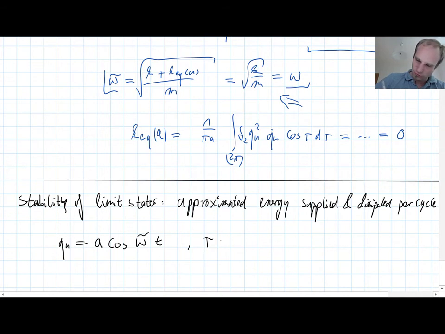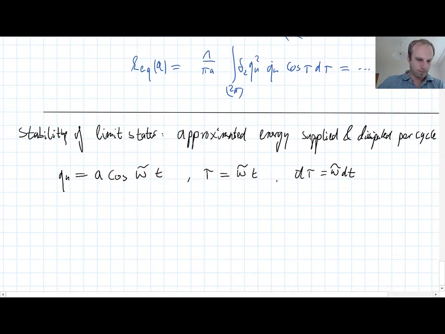So it will be useful to introduce normalized time, so we will do that. So tau is then omega tilde t, and d tau therefore is omega tilde dt. And now we're looking at the energy that's supplied and dissipated, delta E, over one cycle.